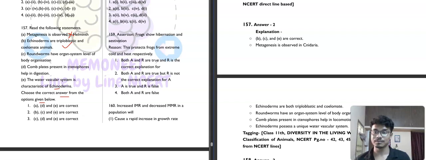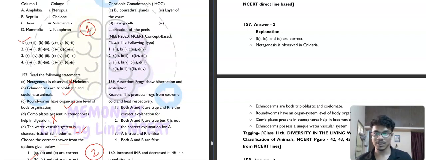Then roundworms have organ system level of body organization. Roundworms do have organ system level of body organization. Then comb plates are present in ctenophores, help in digestion. Comb plates are present in ctenophores, but they help in locomotion, not in digestion. The water vascular system is characteristic of echinoderms. Yes, it is correct. So B, C, D are correct. The second option will be correct.